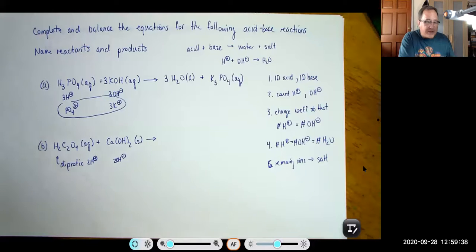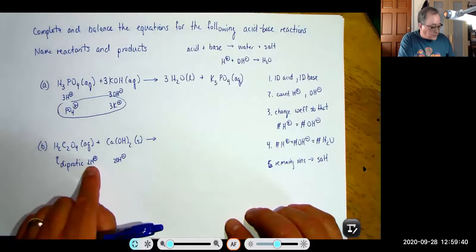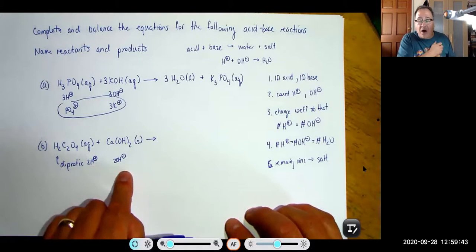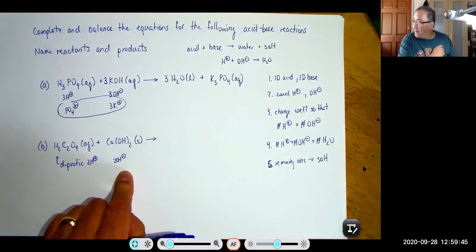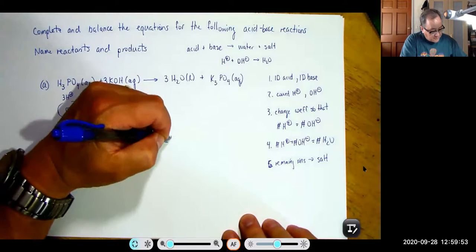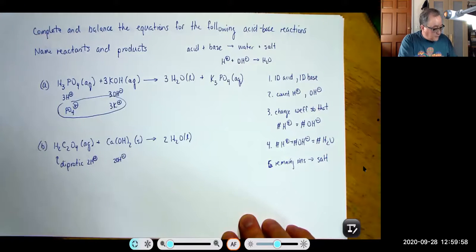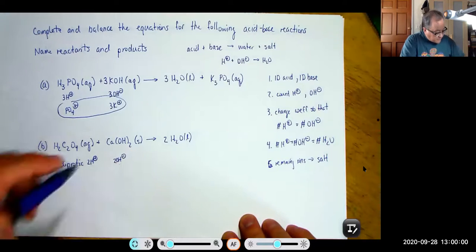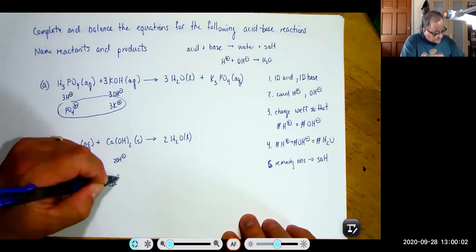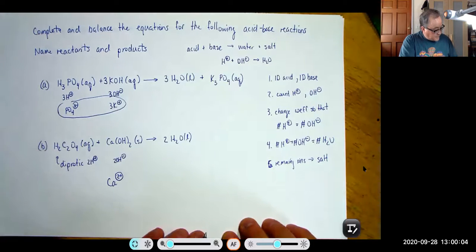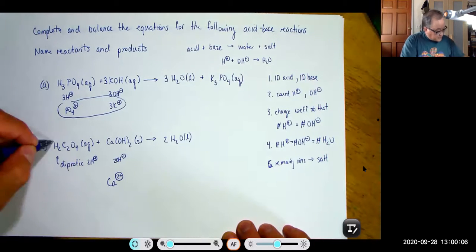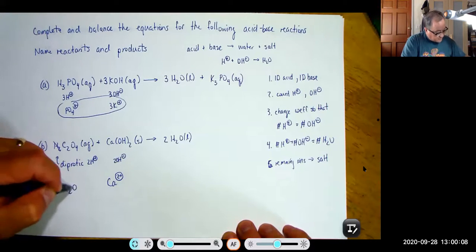So the first thing you're going to think about, 2 hydrogens and 2 hydroxides means how many waters? How many waters? Two water. So if we've used those 2 guys up, we have this guy left over. And if we've used these 2 guys, you've got this guy left over.